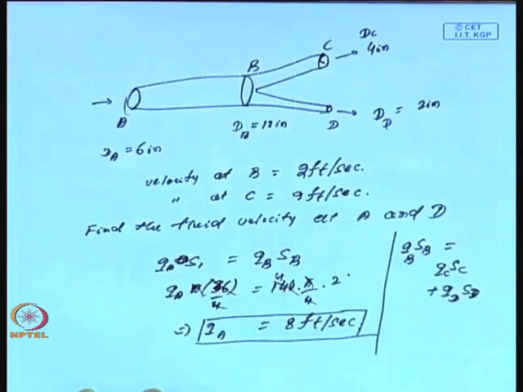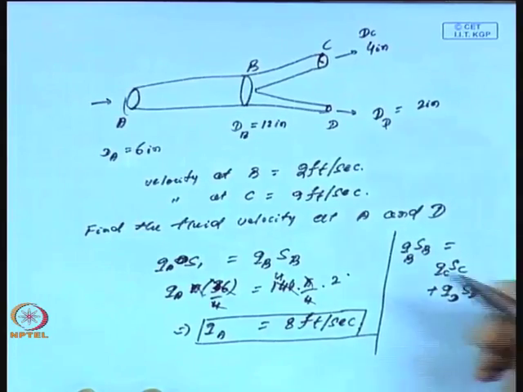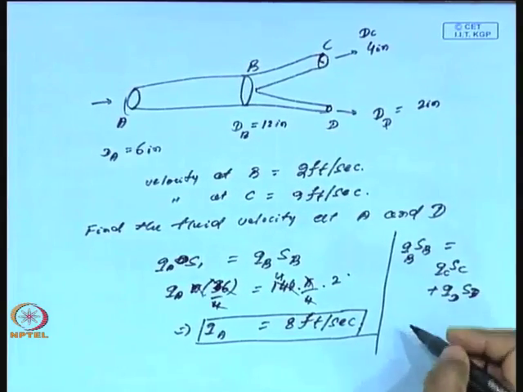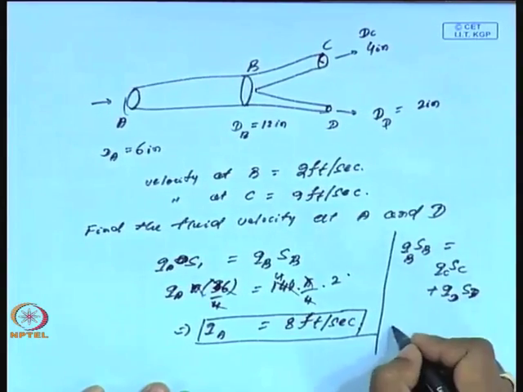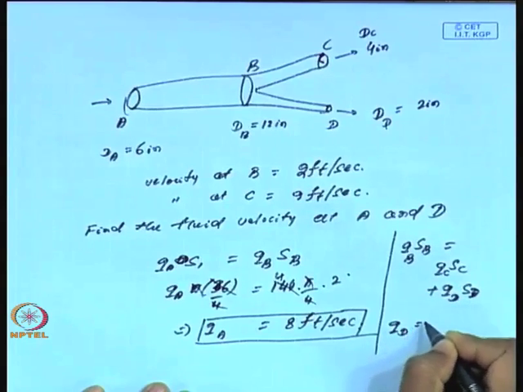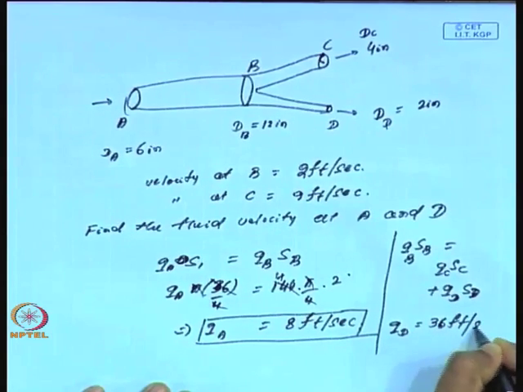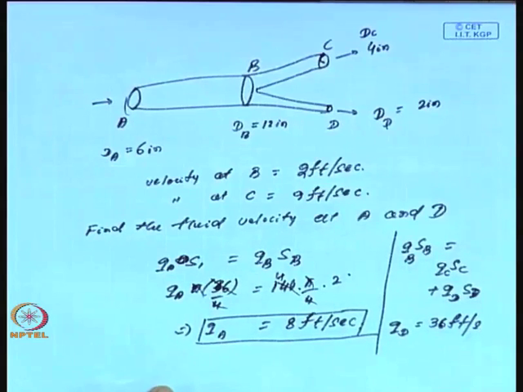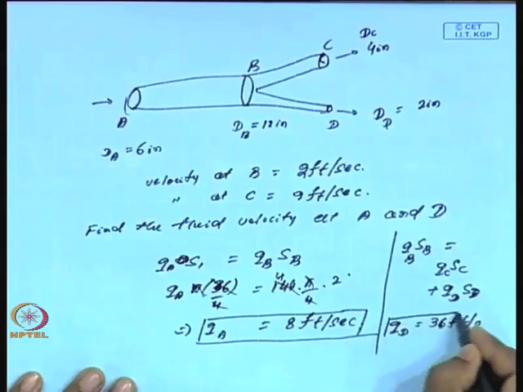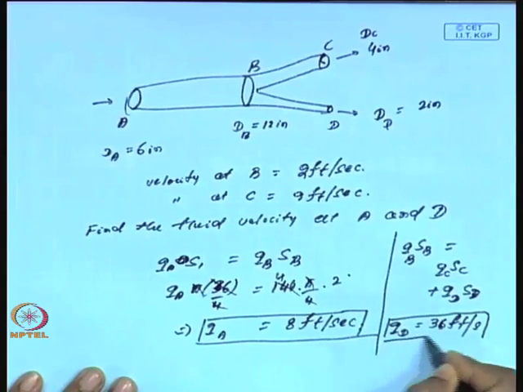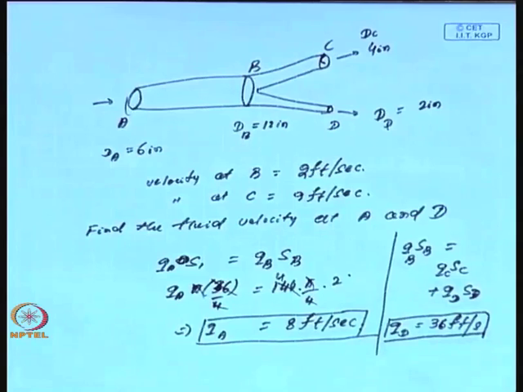If I substitute for this, then I will easily get, I am not going to the detail, I can get my QD as 36 feet per second. This is what I will get. It can easily be checked. Just a simple calculation I am leaving it to you.